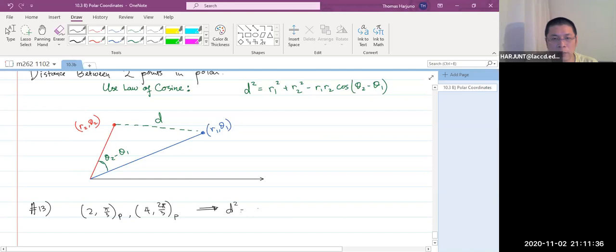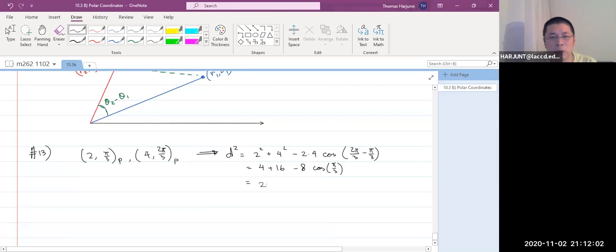Distance squared will equal the first radius squared plus the second radius squared minus the product of the radii times cosine of the difference of the angle. That is 4 plus 16 minus 8 cosine pi over 3. So that will be 20 minus 8 times 1 half. That's 16. So the distance is 4.